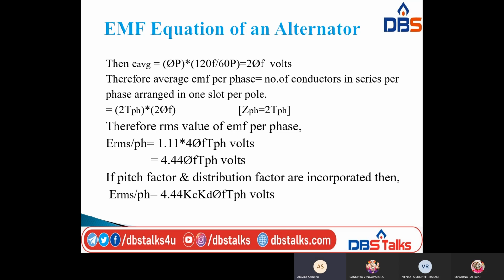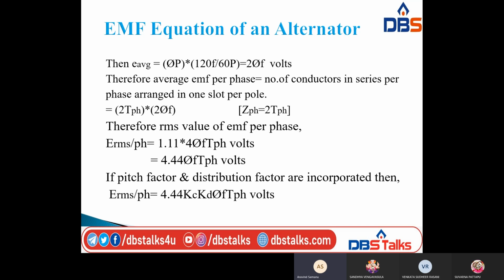Next, therefore the RMS value of EMF per phase, E RMS per phase, is equal to form factor into average EMF per phase. The form factor value is 1.11, into 4 into phi into f into T phase.